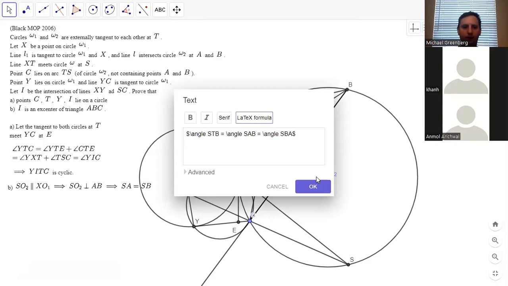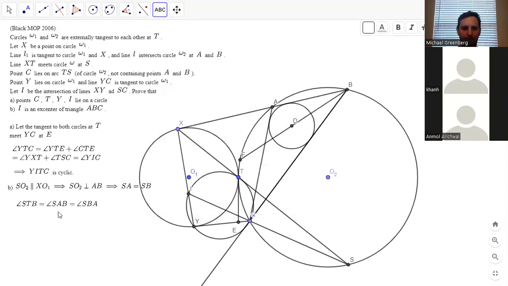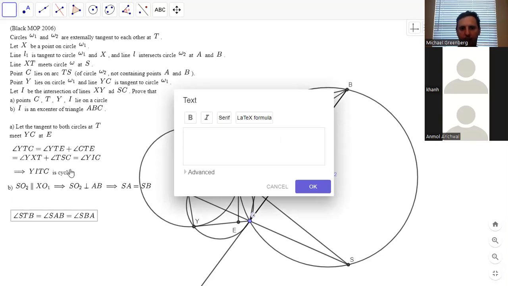So we know CI is the external bisector. Actually, I'm going to write that out first. Angle SCB equals SAB equals SBA equals ACI.